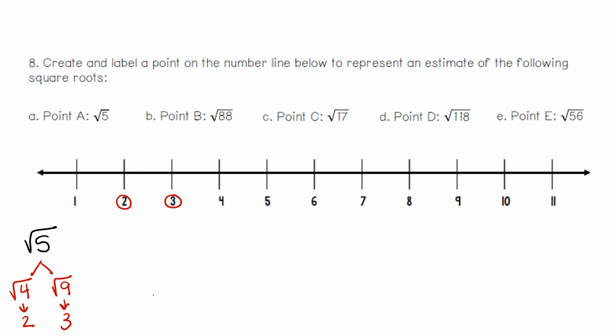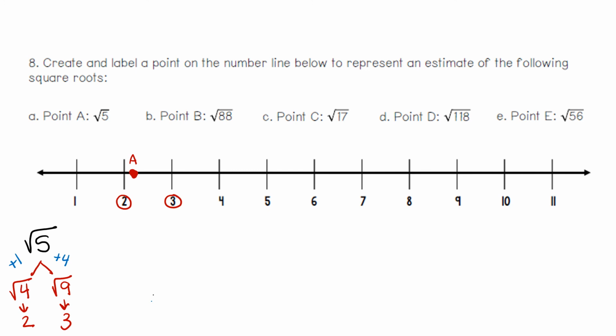But where is it going to go? Is it going to be closer to the 2 or closer to the 3? To go from 4 to 5, we only have to go up 1. To go from 5 to 9, we have to go up 4. So we're going to be closer to the 2. For point A, we're going to make a point close to the 2 and label it A.